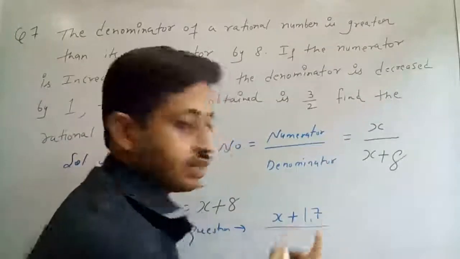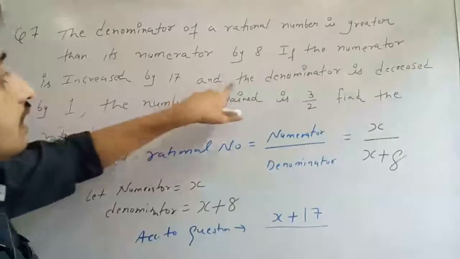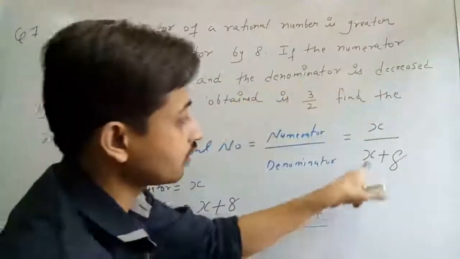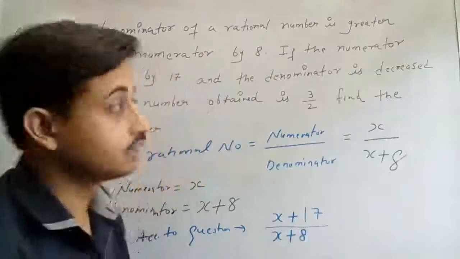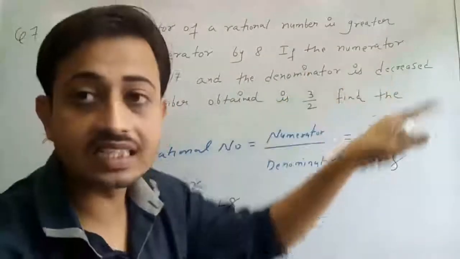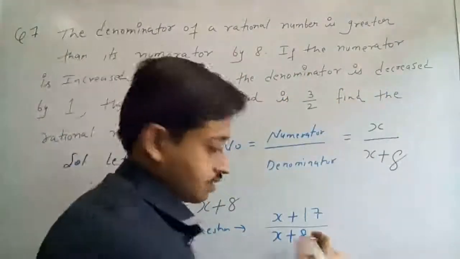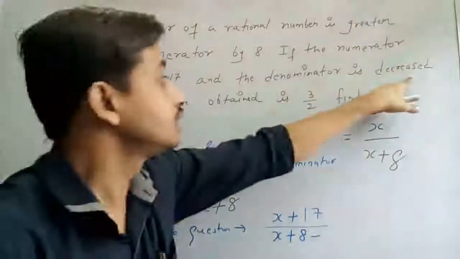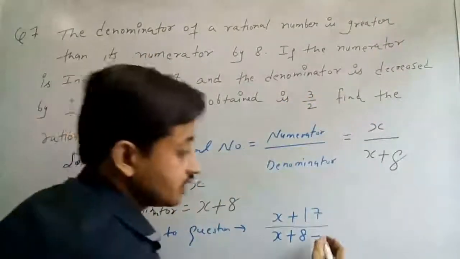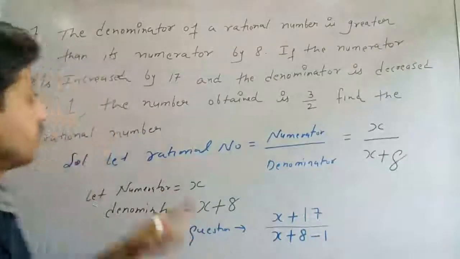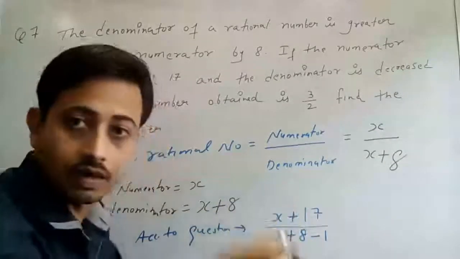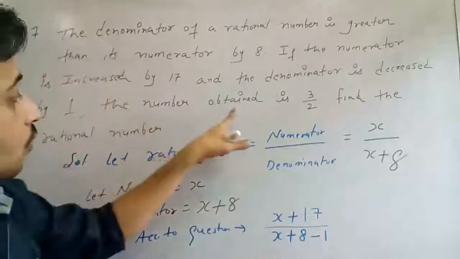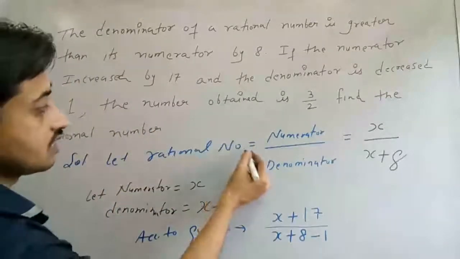Now read the next part of the statement. And the denominator is x plus 8. The denominator is decreased. Decrease means minus, decreased by 1. The number obtained, this is a number, because this is a rational number.